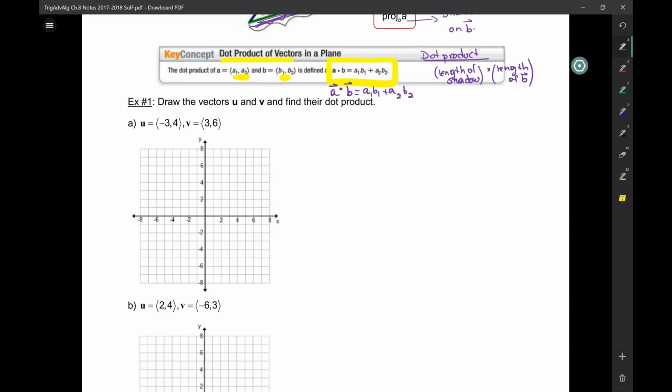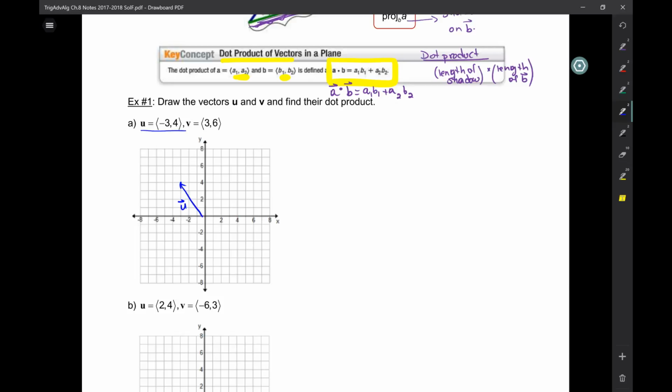So let's draw these two vectors here and find their dot products. Let's draw vector U. I'll draw it in the blue here. Vector U is -3, 4. So I go -3 and 4. That's what vector U looks like. Why does it come from 0, 0?